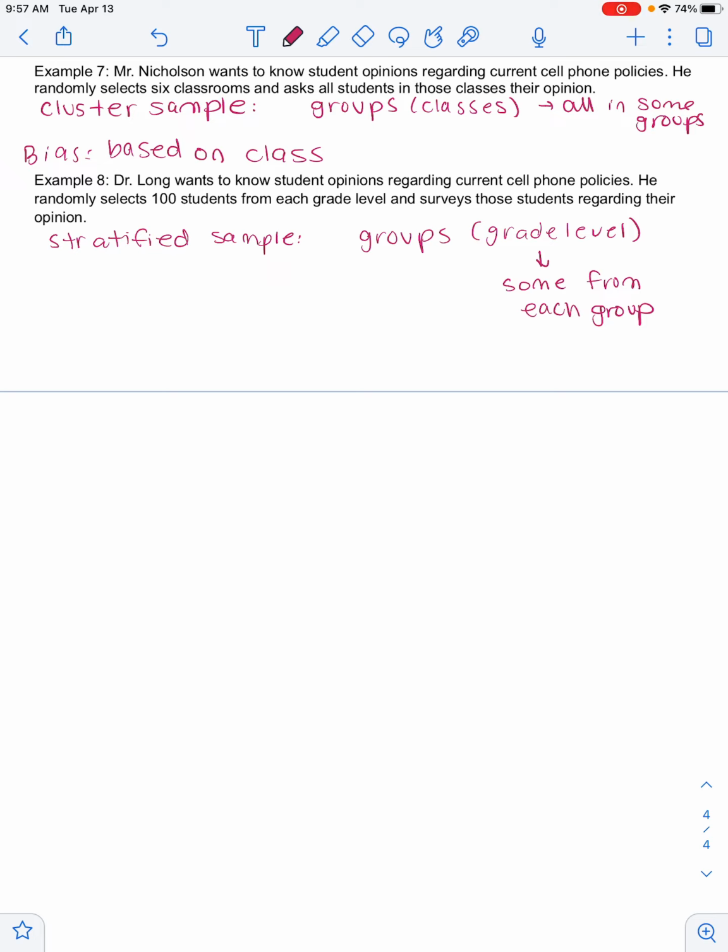In this example, is there potential bias? There could be. There could be some bias because Dr. Long is the principal. And so some people might be nervous to share their true opinions with him because he is in charge of the school. And so maybe there's some bias because of Dr. Long's position.